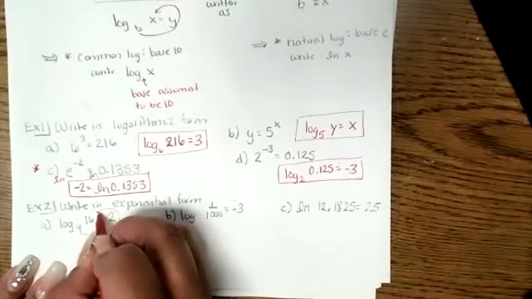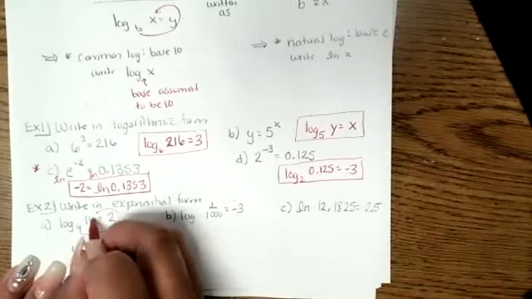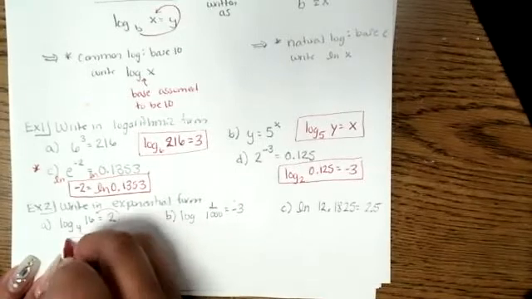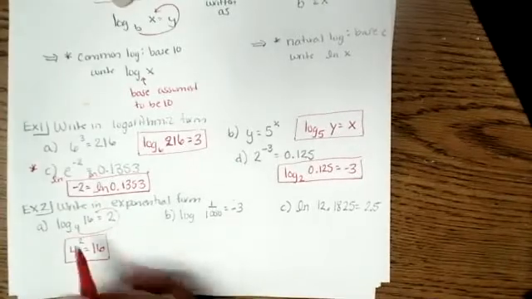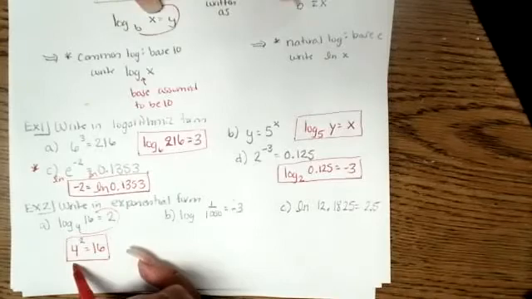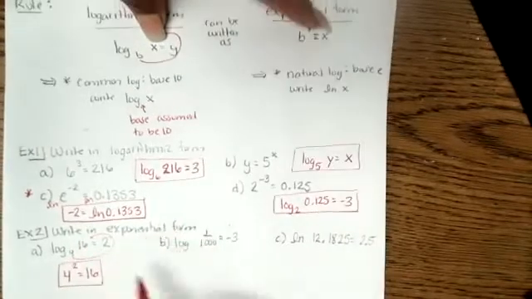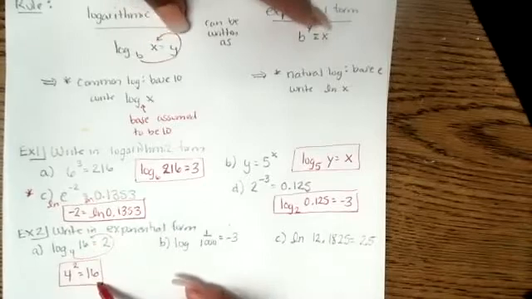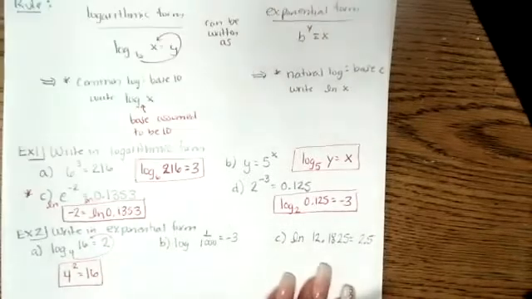So I'm going to start off with 4. So it's going to be 4 exponent square equals 16. Or if you want to use the formula, the b is going to be the number 4. So where b is at, put the 4 there. The x is going to be the 16, which goes on the other side of the equal sign. And then the y is going to be the number 2, which goes as the exponent.